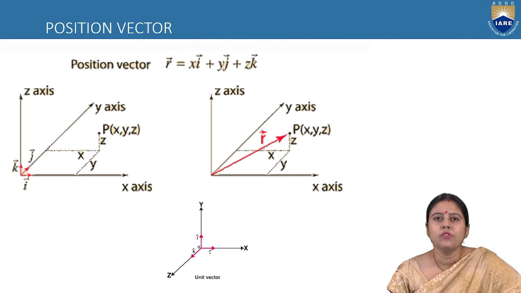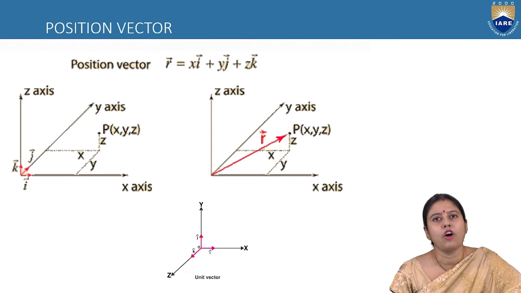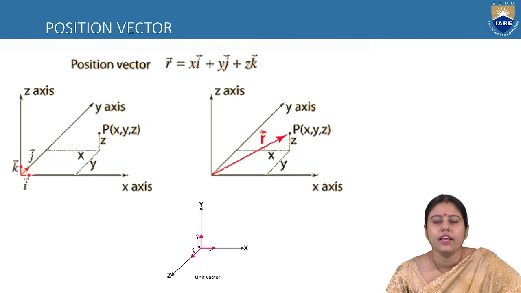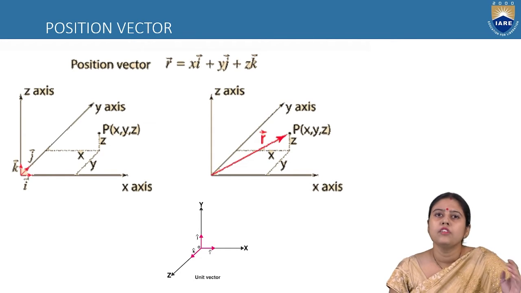So, again, this is a recapitulation of the position vector. What is a position vector? We know the coordinate system. In the coordinate system, we can write the position of a point with its coordinates. Up to your first year, you have always done the 2D system.